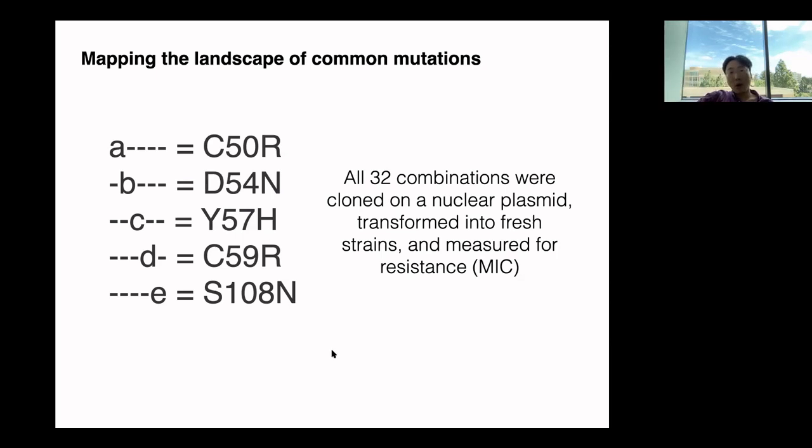And then we just made all combinations of those 5, cloned them into fresh strains, and measured their minimum inhibitory concentration of pyrimethamine, that is, what they could or couldn't tolerate. And so this is 32 combinations, because at each of these sites, you can have the wild type residue or the mutated residue. And we have the synthetic landscape defining this area of the fitness landscape.